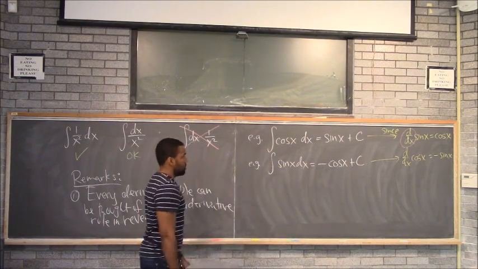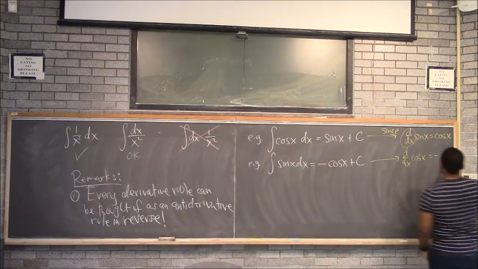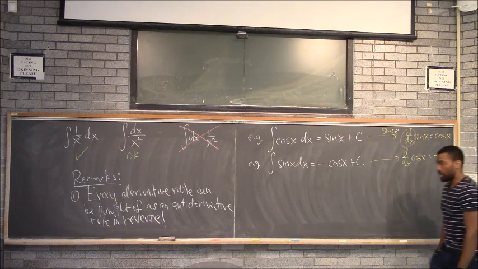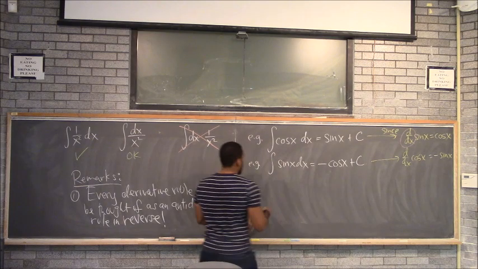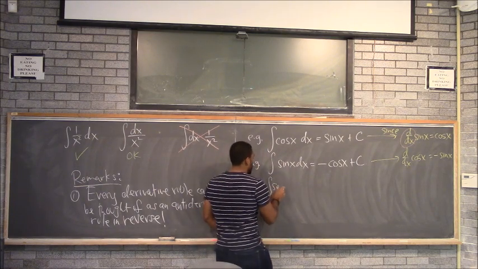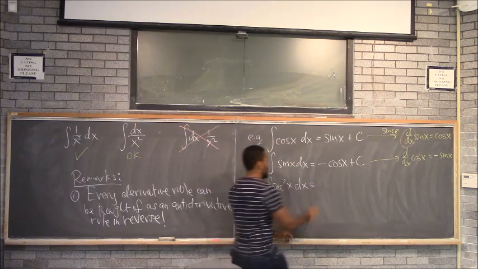So you might have to tweak the rules a little bit. So of course here, to figure out what the sign would be, I'd have to multiply both sides by -1, and so there would be a negative cosine on this side if I only wanted to look at the antiderivative of the sine function. Okay? So every rule that you know, it was a rule in reverse. So the antiderivative of secant squared is tangent.